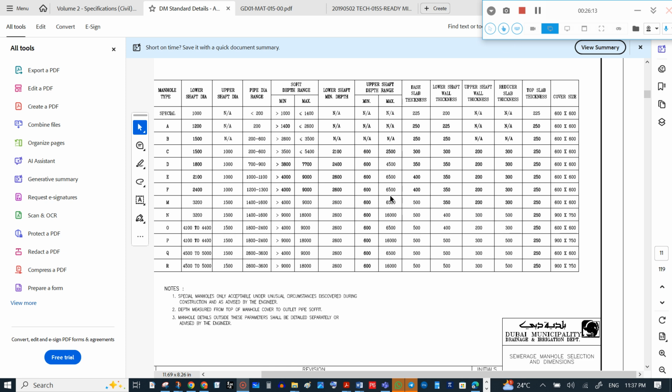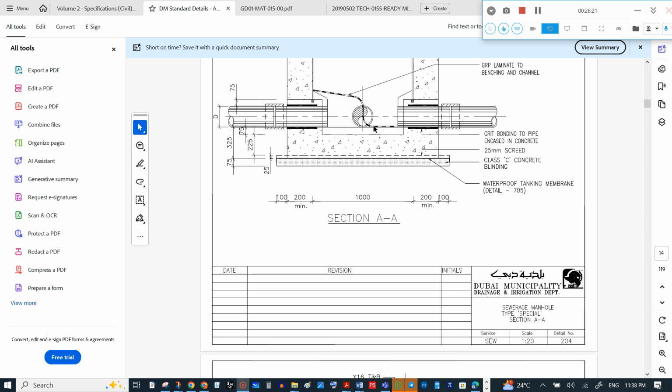For sewerage manhole type special, we have a base slab thickness of 225. For type A, the base slab thickness is 250.